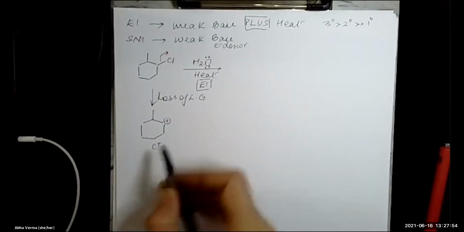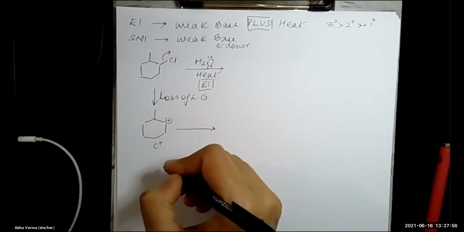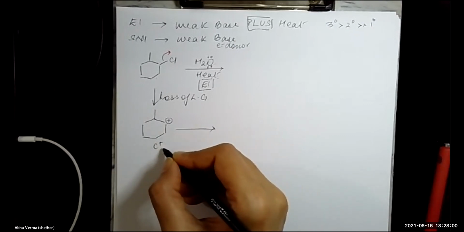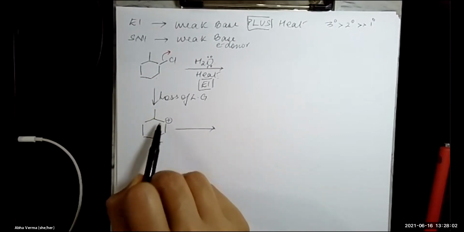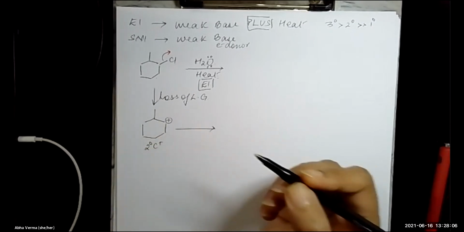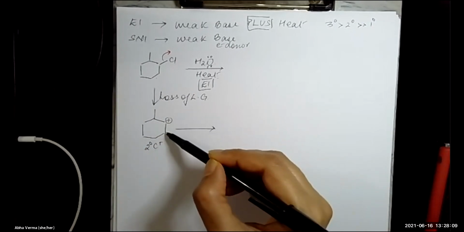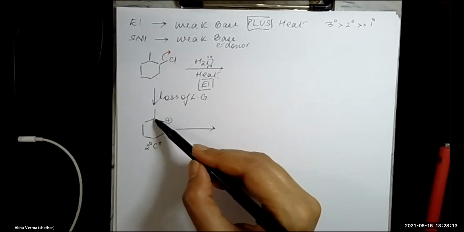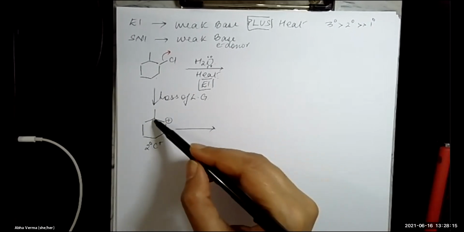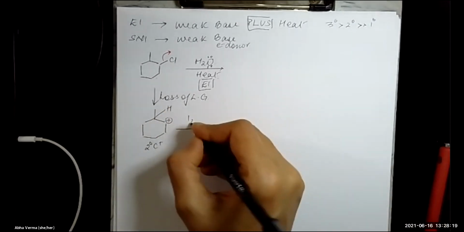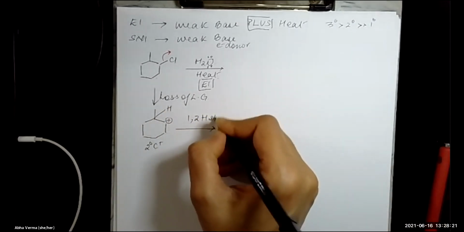Once a carbocation forms, what is its nature? What does the carbocation want to do? It will want to rearrange. Is there a possibility for this carbocation to rearrange? This is a secondary carbocation. If it goes to this beta carbon, it is still going to be a secondary carbocation. But if it goes to this carbon, it can become a tertiary carbocation. So we see a 1,2 hydride shift.